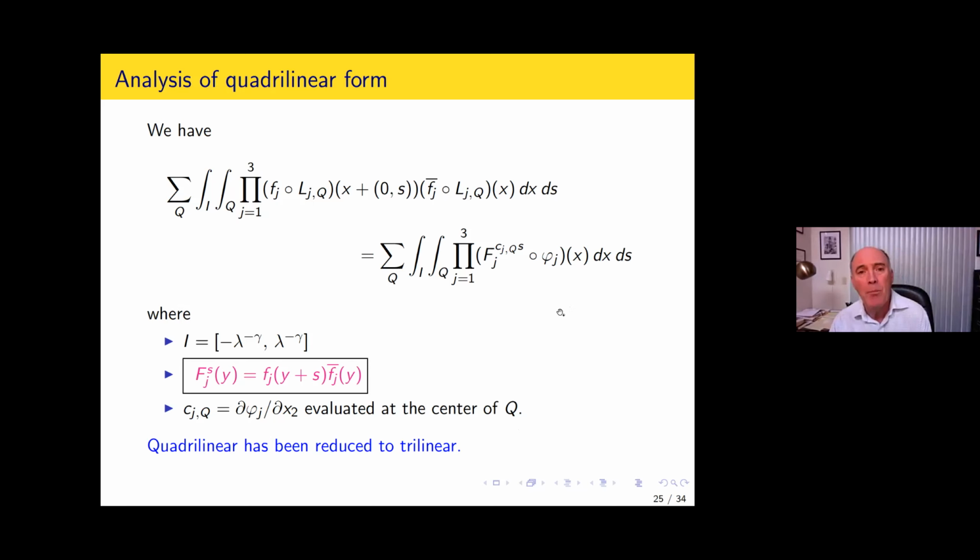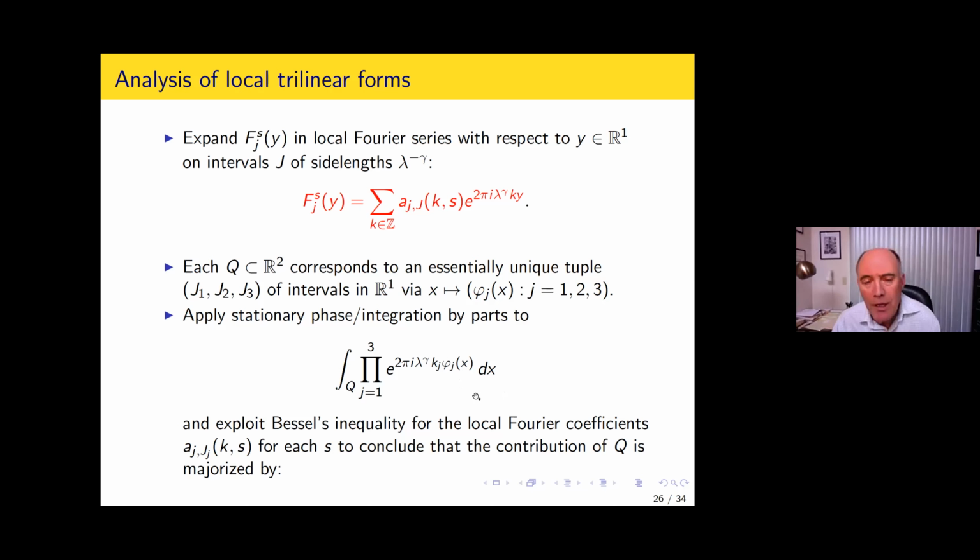So I can plug each of these Fourier expansions into the threefold product that I'm integrating, and I get a big sum of threefold products of characters. And so for the integral of a product of 3 characters, well, there's just a trivial bound, and we just write it down. It's essentially 0 unless the frequencies kj satisfy certain relations.